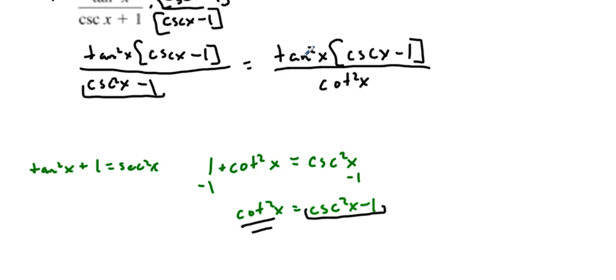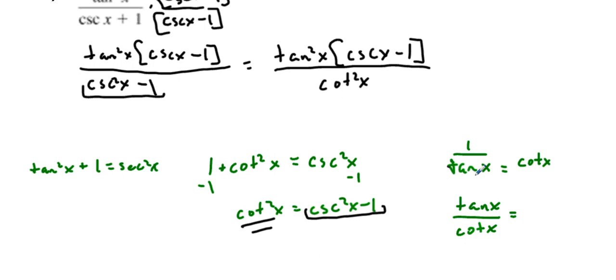Now, tangent squared over cotangent, if you don't know, go back to green. These are reciprocals. Tangent of x equals 1 over cotangent of x, so cotangent is the same thing as 1 over tangent.